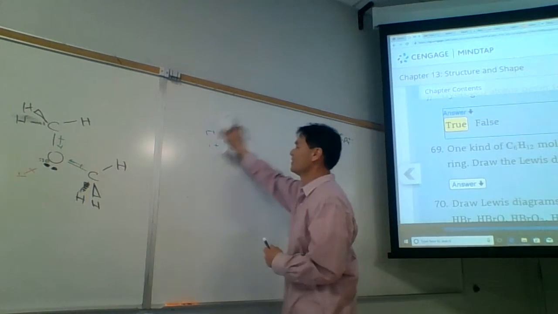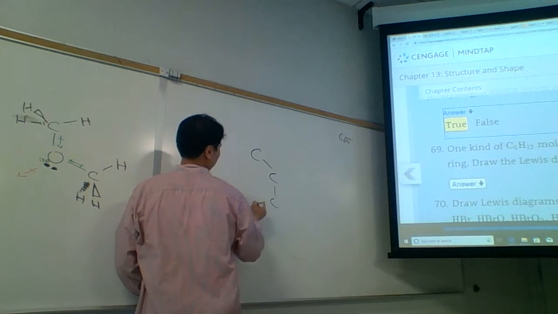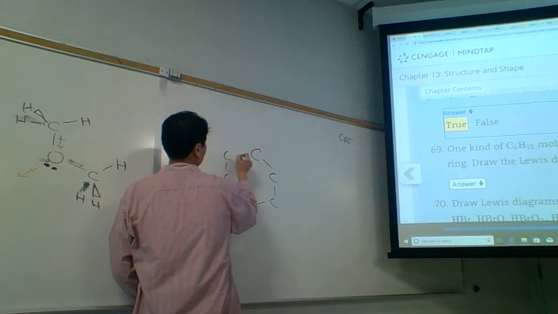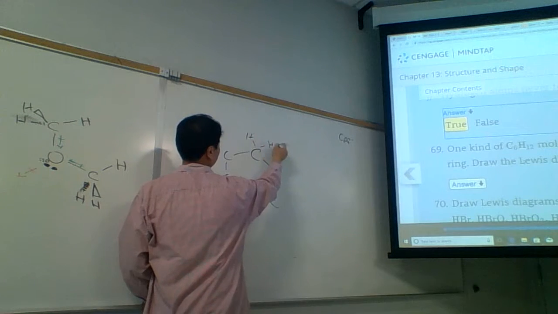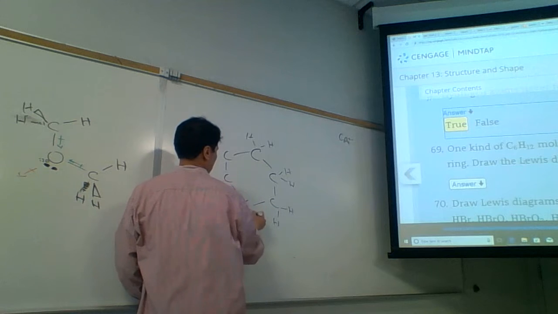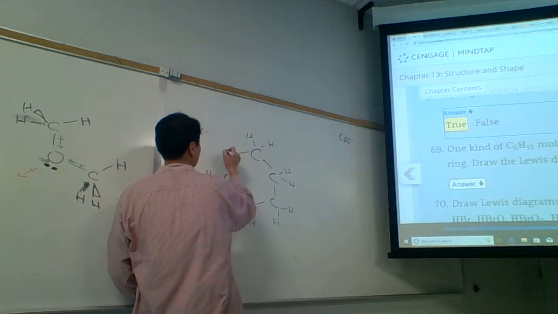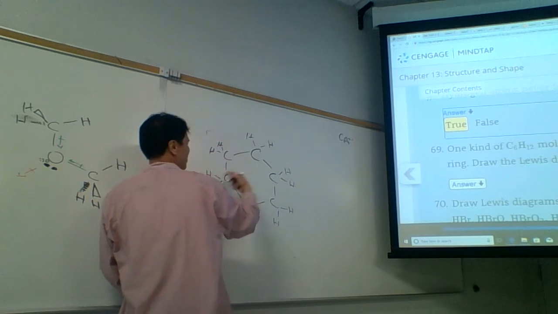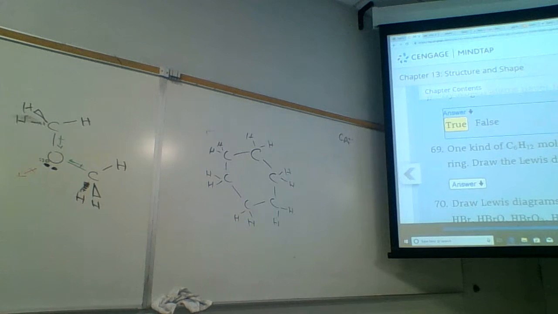For the Lewis structure, we just care about the linkages like this. And so a whole bunch of these CH2s linked together. CH3s are called methyls. CH2s have a name too in organic chemistry: methylenes. So there's a whole bunch of methylenes linked together like this. You don't need to know methylene, but you should know methyl.